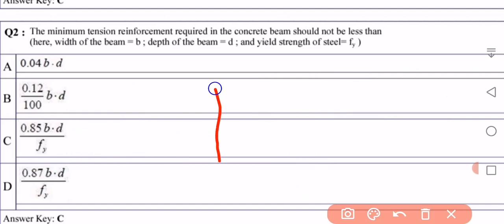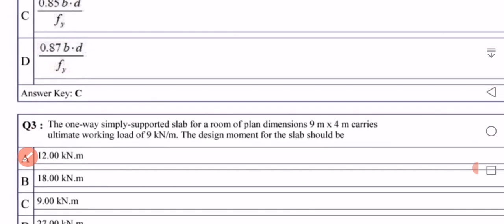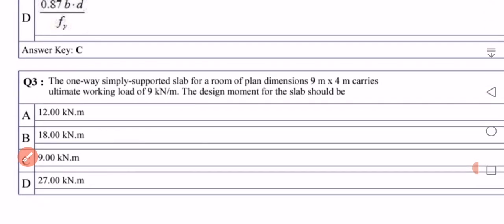Next question. The one way simply supported slab for a room of plan dimensions 9 meter by 4 meter carries ultimate working load of 9 kN per meter, then the design moment for the slab should be.